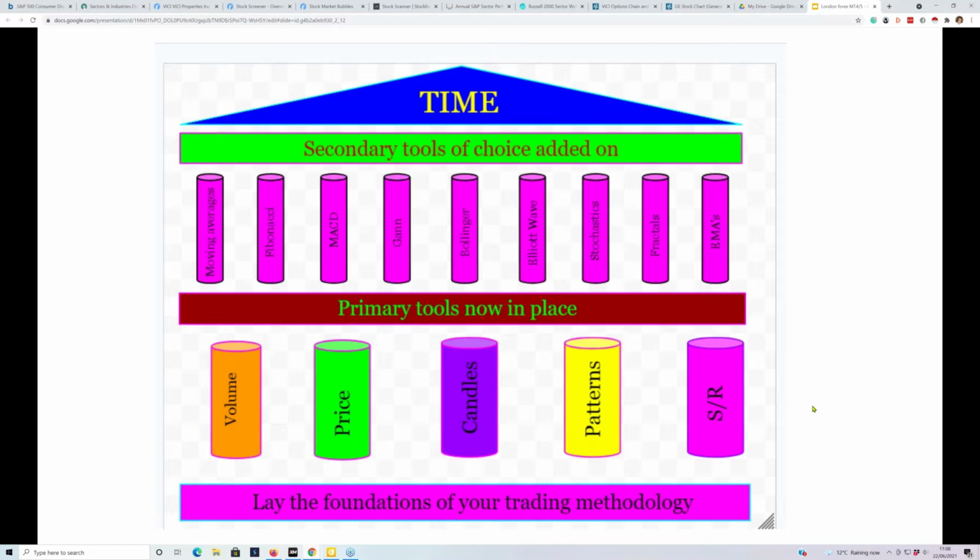But support and resistance levels is where you start. Whether they are levels of major reversal will depend on the price action, the candle patterns, and what is actually happening in that region. And as I said, the best way to see that is to see it in action now. So that's your foundation.